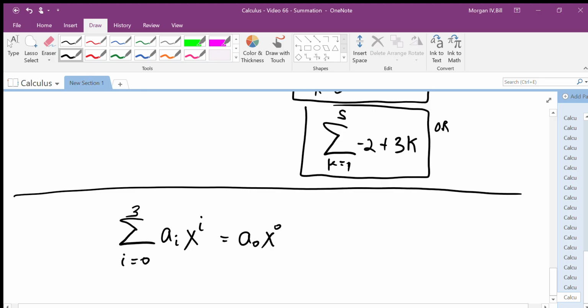And then I'm summing the next term plus a sub 1, x to the power of 1, plus a sub 2, x to the 2, plus a sub 3, x to the 3. And it's just a polynomial of degree 3, right? This is a degree 3 polynomial.